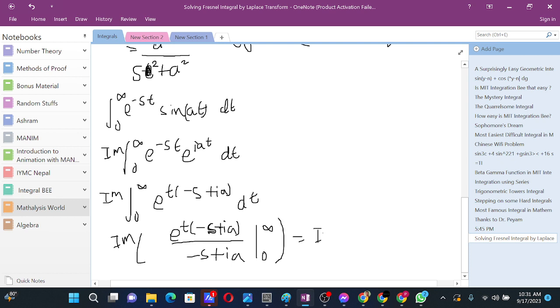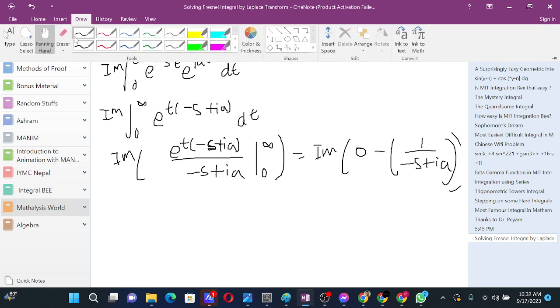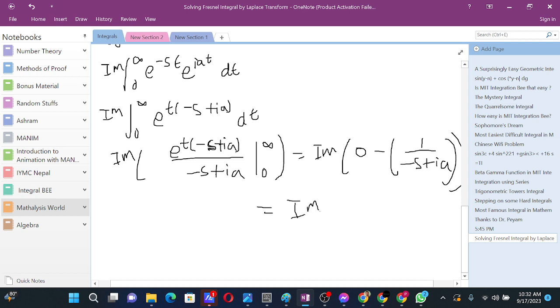At infinity, t is infinite and we have a negative sign over here, and note that s would be greater than a in this case, so it will be just 0. After that we have a negative sign, and when t is 0, it is 1 by minus s plus ia. Okay, so this proof is getting longer, and this is the imaginary part of 1 by s minus ia.